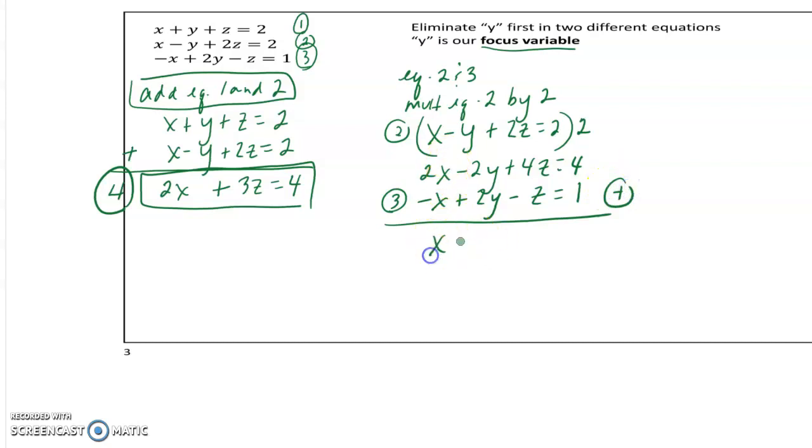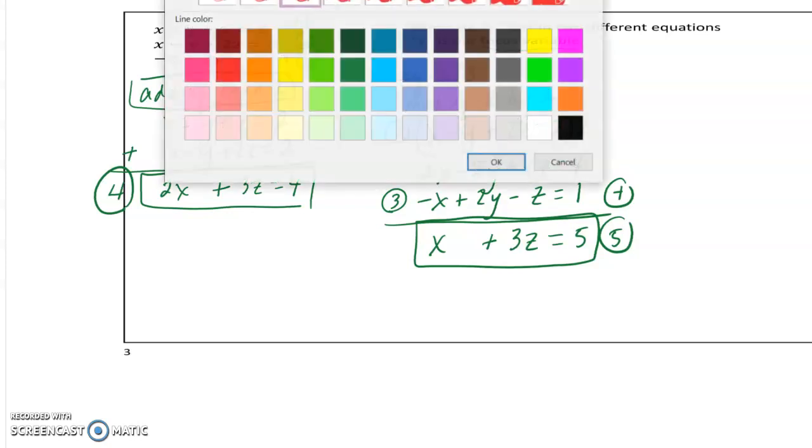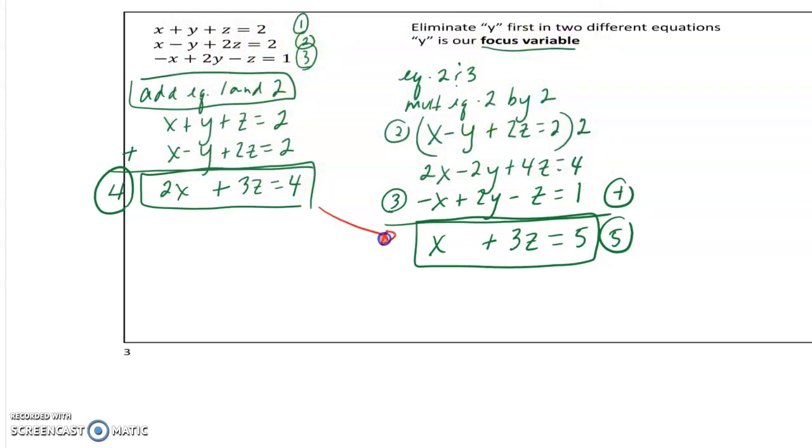This gives me x, the y's eliminate, plus 3z equals 5. So now I've created the 2 equations that I'm going to work with until the very, very end of my problem.